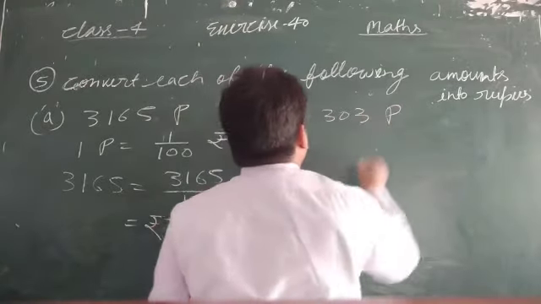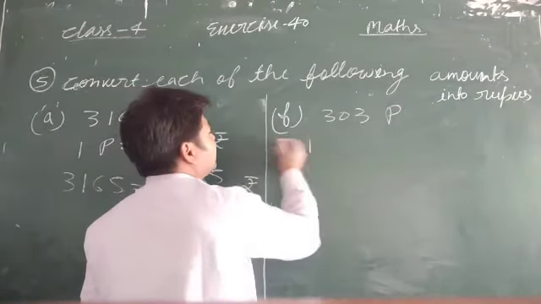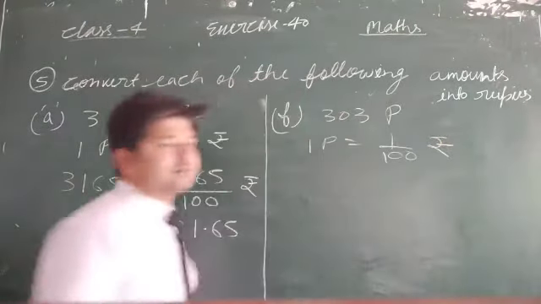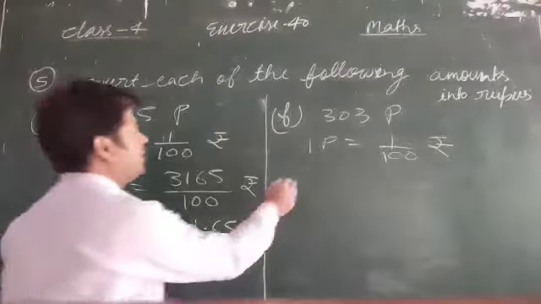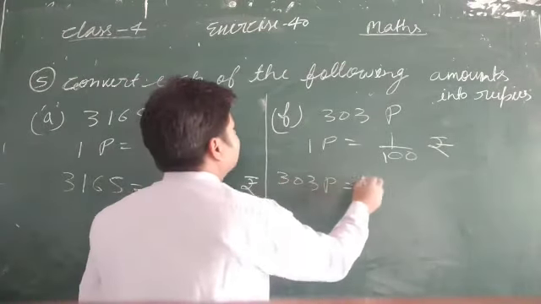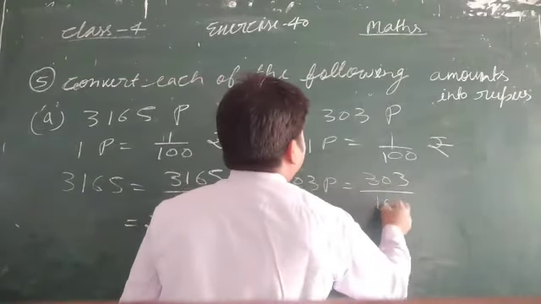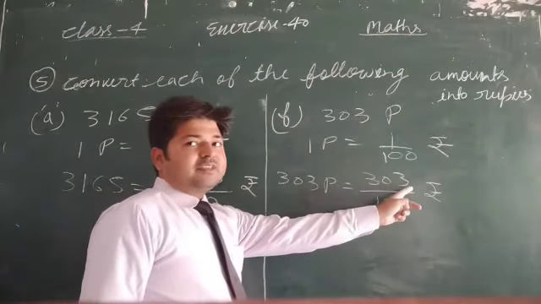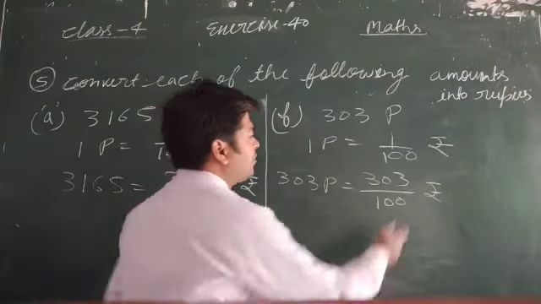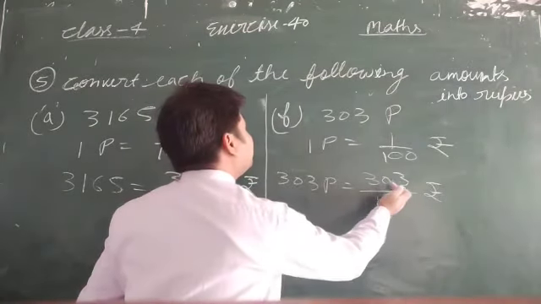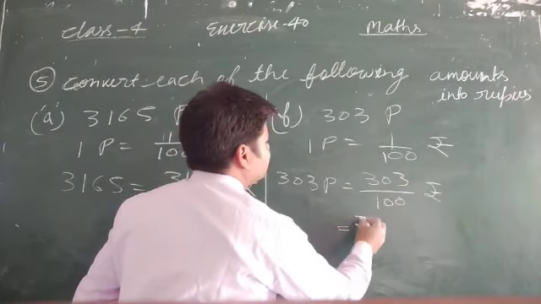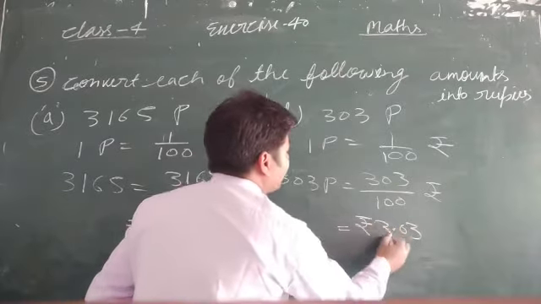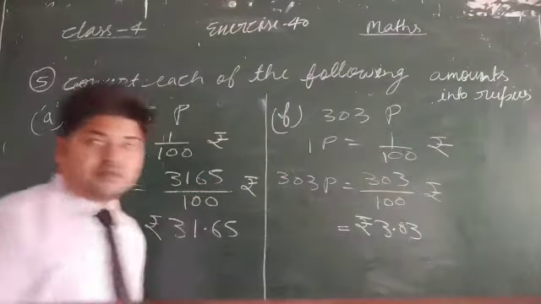So you have to write here 1 paise equal to 1 upon 100 rupees. Then 303 paise equal to 303 upon 100 rupees. So decimal will shift to the left side 2 places. From the right you count 1, 2. Rupees 3.03. What is your answer? Rupees 3.03. Okay.